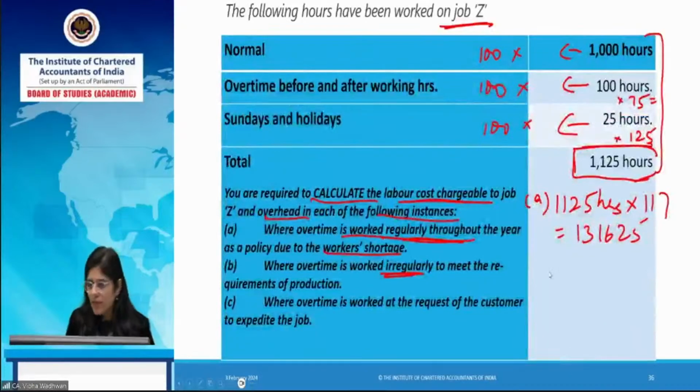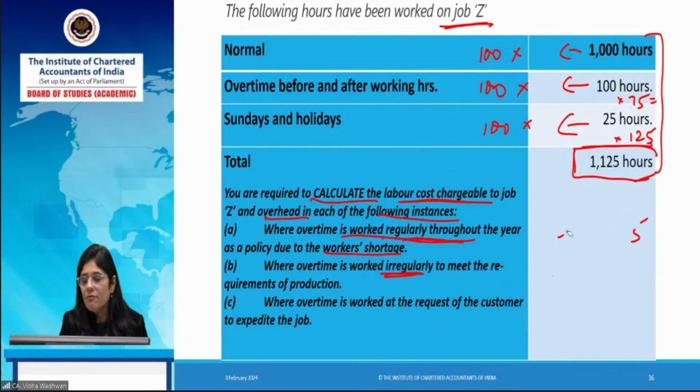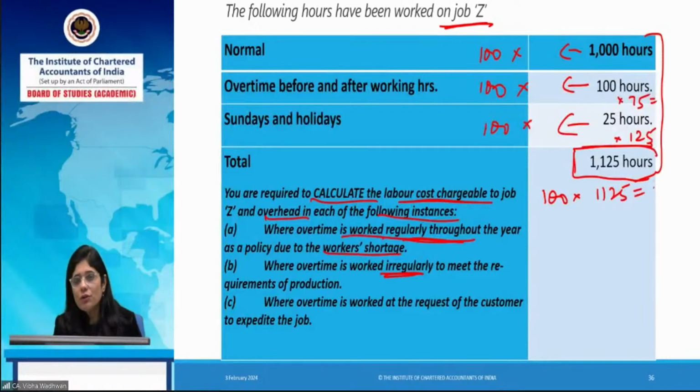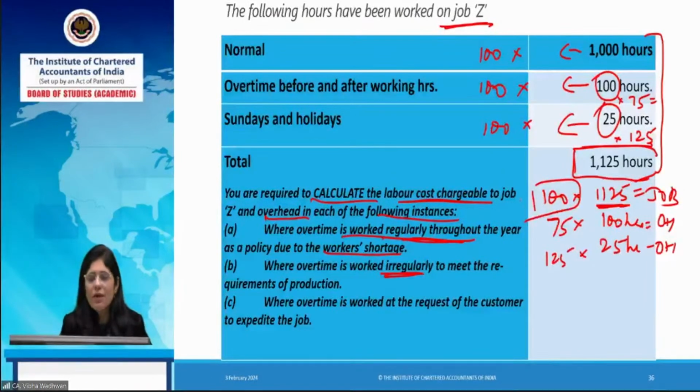So I'll explain it over here also. Let me just clear it to you. You need to understand better the normal wage rate part is not overtime. So overtime always has two parts. So 100 into 1125 will go to your job. Total 1125, the basic wage rate will go to job. 75 into 100 hours will go to overhead. And here 125 into 25 hours will go to overhead. So the normal wage rate hai overtime extra ke andar.